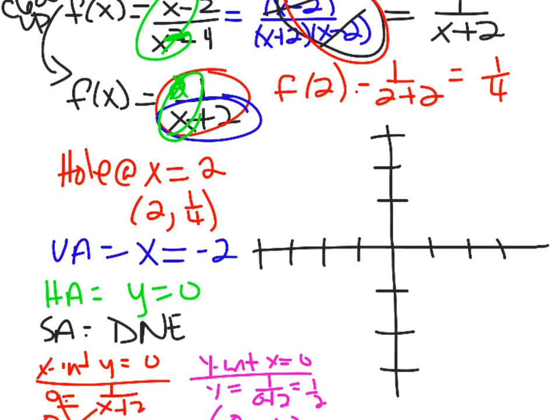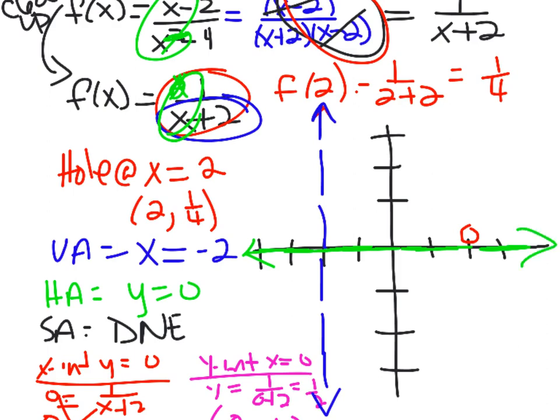Okay, so let's start with the hole. I have a hole at 2, 1/4, so it's about there. I have a vertical asymptote at x equals -2. I have a horizontal asymptote at y equals 0, so that's right here, right on the axes.